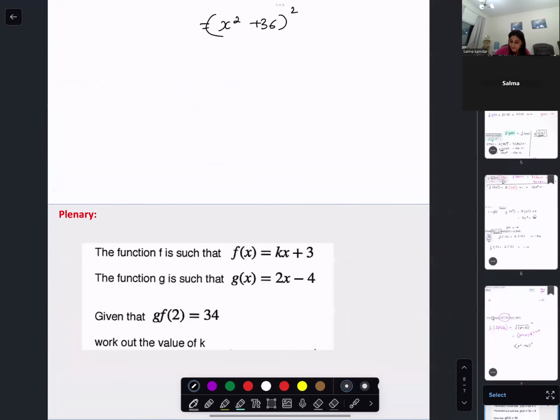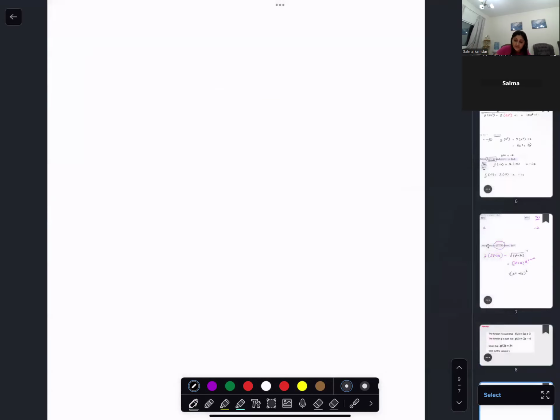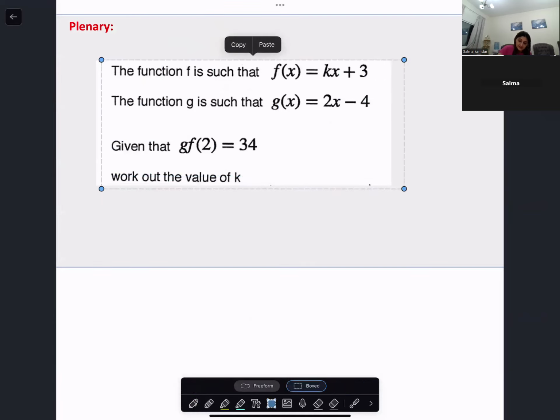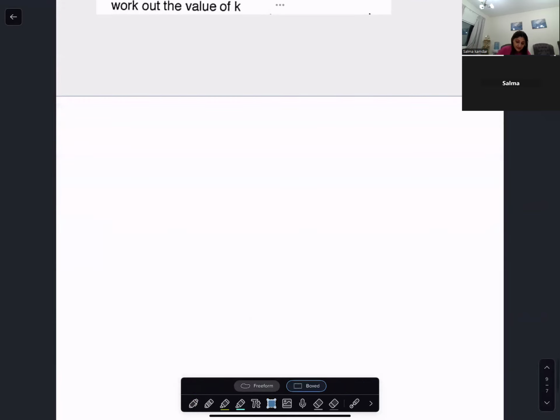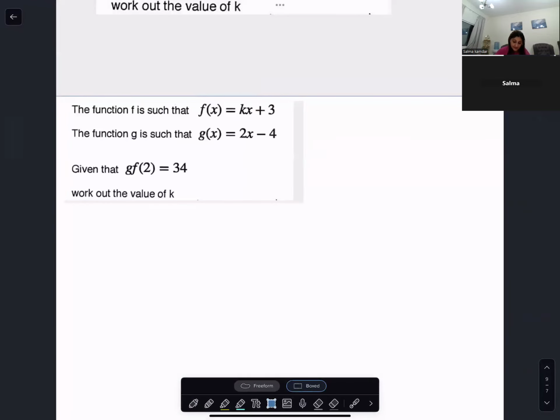Last question for you. A little challenging before we wind up composite functions. This is the question. You have to find the value of k. G of f2.